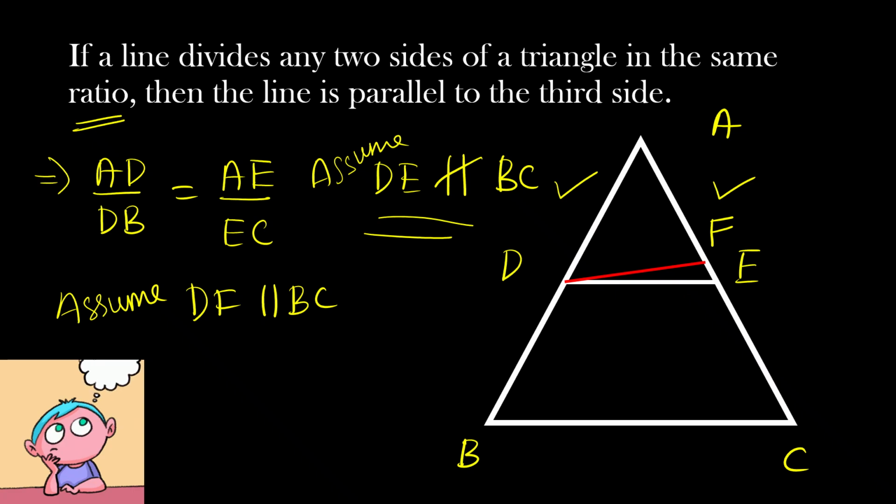Okay, so now what you can say, that is, since DF is parallel to BC, by Thales theorem, that is by BPT theorem, we can say that AD by DB is equal to AF by FC.